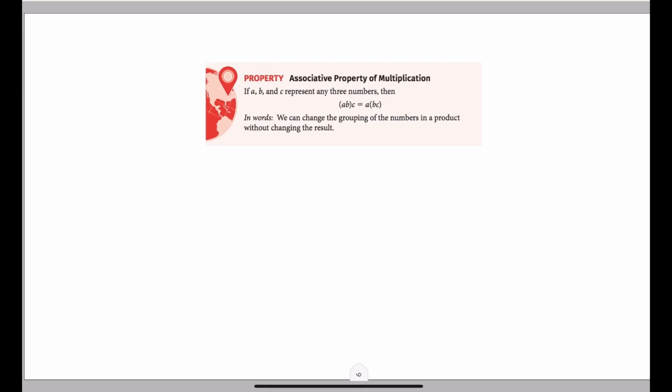Another important property is the associative property, and it says, sort of like the associative property of addition, that if you're multiplying, then the way you group the factors in a product doesn't have an impact on the result. Now, this is only true when it's all multiplication. So if you've got 2 times 3 times 4, you can think of that as 2 times 3, then times 4.